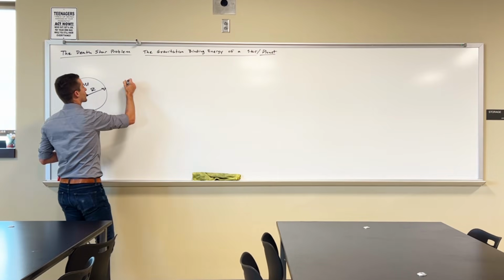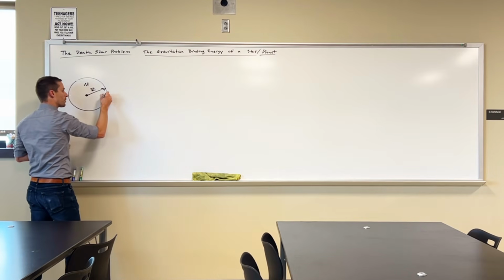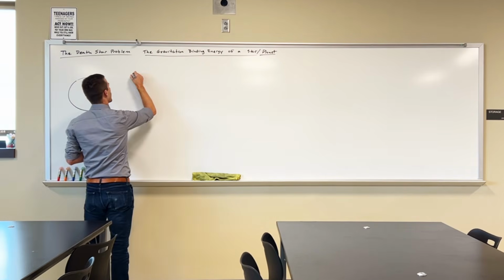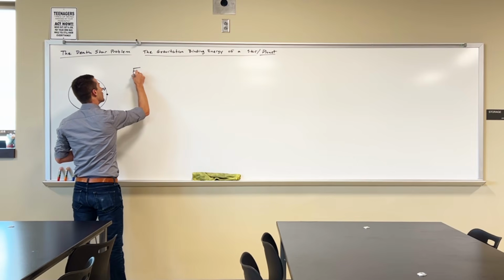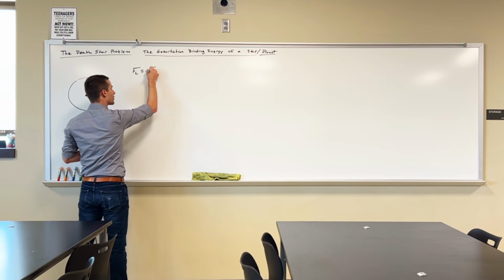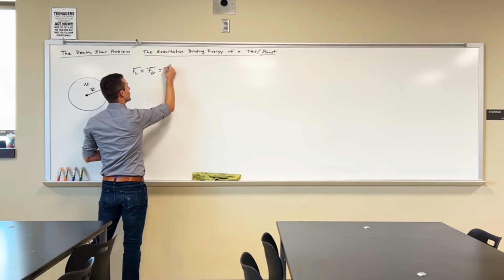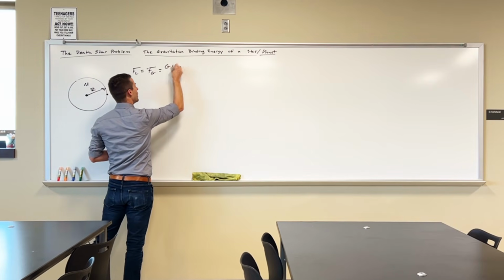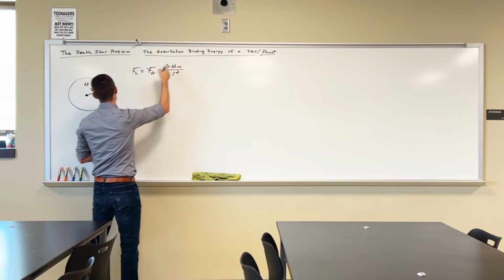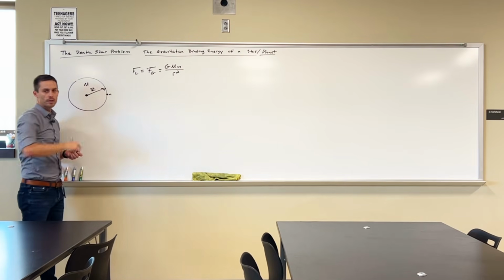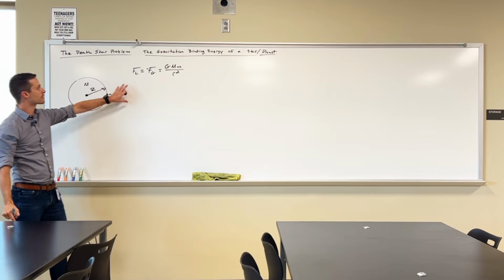But just as a quick refresher, let's say we wanted to lift just an object up into space. The work required to do that, because I want to lift with a force that is equal in magnitude but opposite in direction to gravity, would be GMm over r squared, where M is the mass of my central object, and little m is the thing I'm trying to lift a wicked long way out into space.